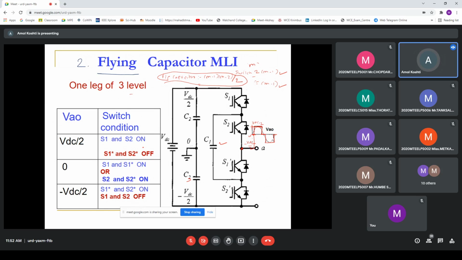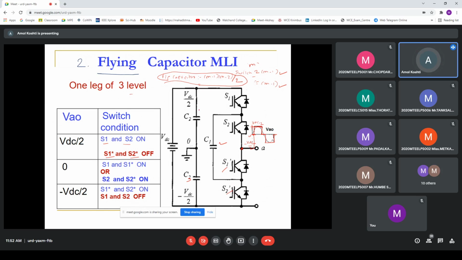For that, the switching is again the same. S1 and S2 are on for the positive half, to get VDC by 2 across the load, and the complementary switches S1 dash and S2 dash are off.